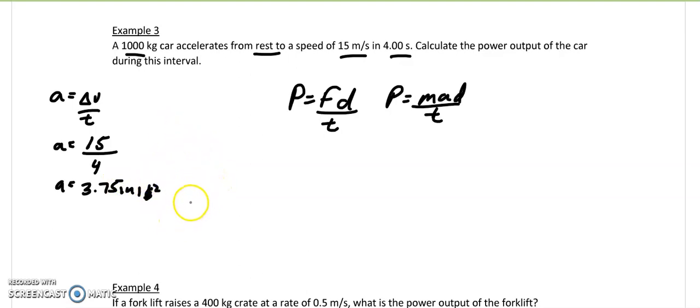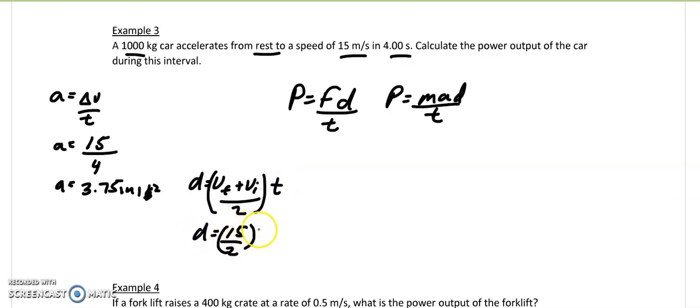We also need to find the distance. Distance is equal to (VF plus VI) over 2 multiplied by t, which means 15 divided by 2 multiplied by 4 seconds, where the distance or displacement is going to be 30 meters.